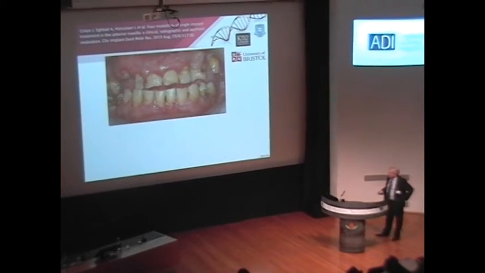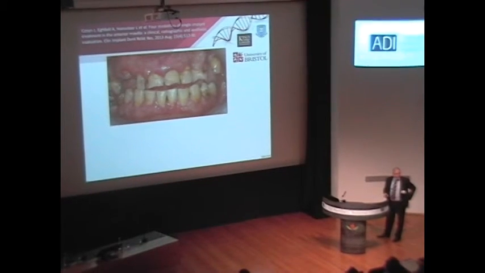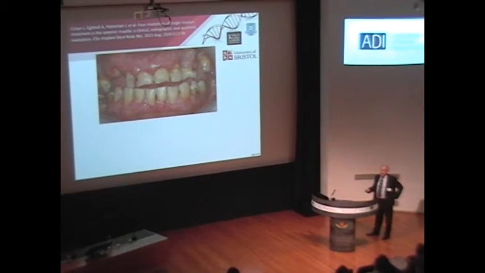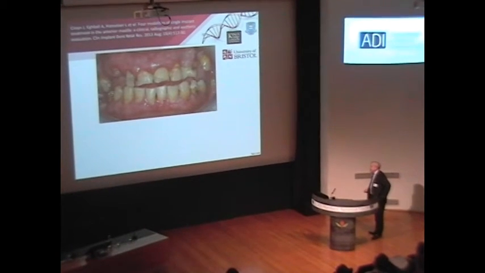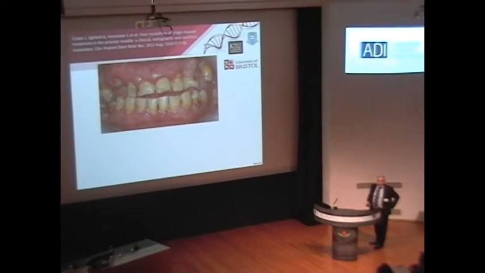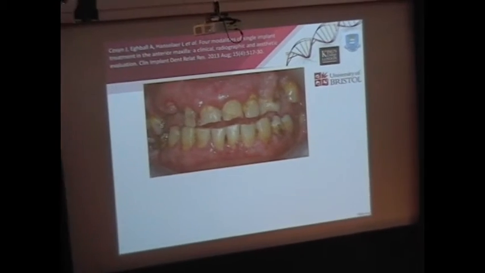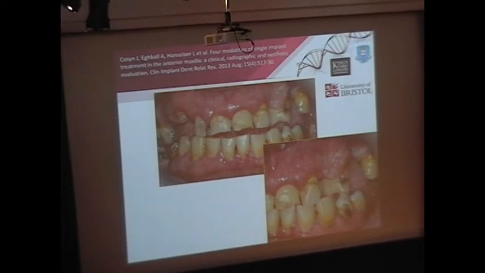We now have the idea that if you remove a tooth, you're going to have some wonderful suppressant effect on the buccal wall if you put your implant in straight away.